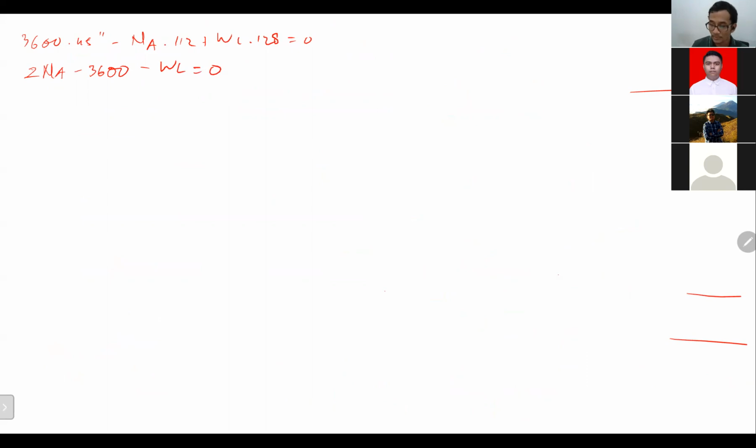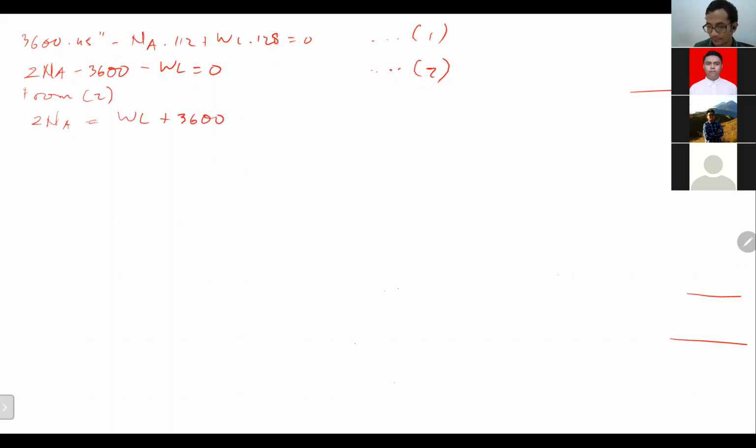From this, you can use elimination or substitution. This is just an example for those who are still confused about elimination and substitution. I will use substitution here. I will try to find a relation between NA and WL. From equation 2, I will have 2NA equal to WL plus 3600.